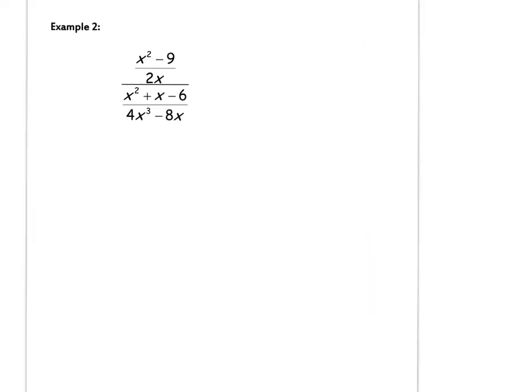Okay, now here the second one has a lot more going on. But again, here's our fraction bar. This is where our division sign is. And we change dividing to multiplying by a reciprocal.